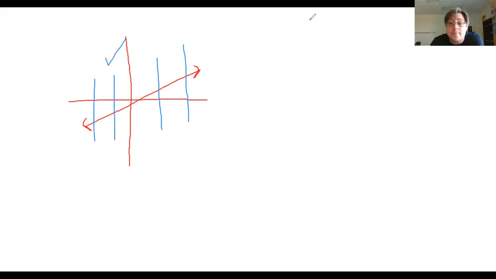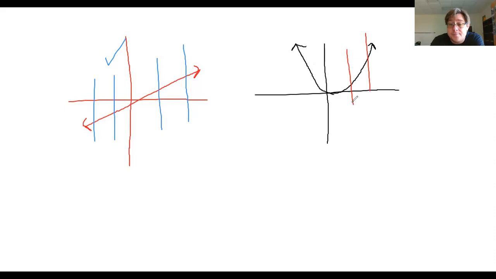We're good. How about a parabola from like midpoint of Algebra 1? If I have a badly drawn parabola here and I draw a vertical line, anywhere I draw that vertical line only hits it once. So we're good. This is a function.